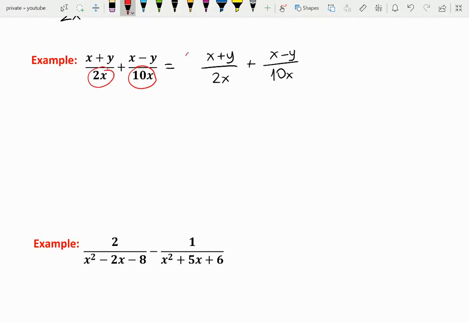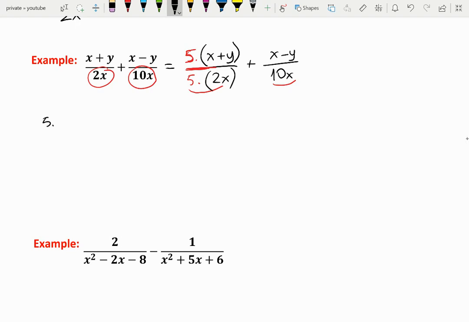If I multiply the numerator and denominator, my fraction is not changed, right? And then I can see my denominators are the same. So now I can do my operation. Let me put parentheses here so I don't get confused.